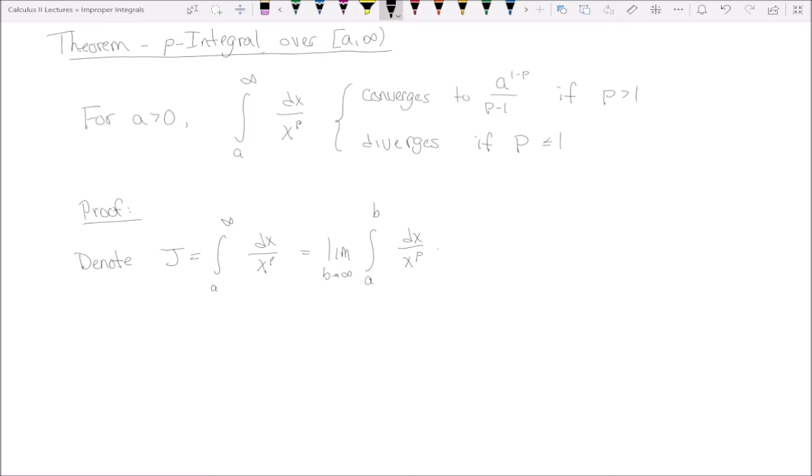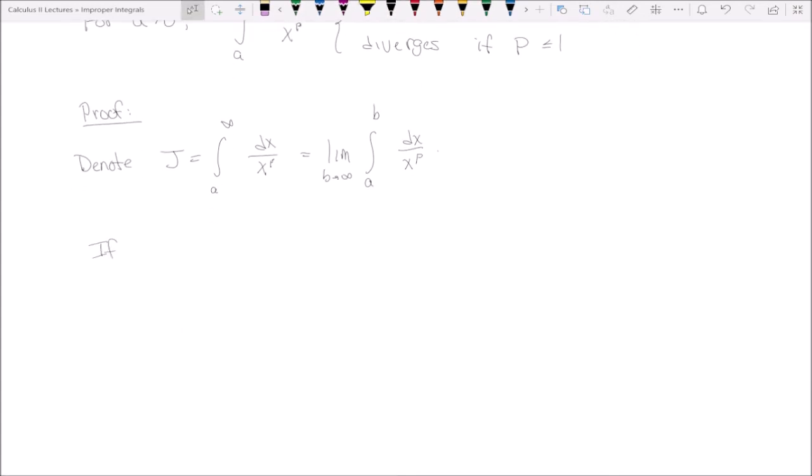Now, if p is 1, then J would be the limit as b approaches infinity of the natural log absolute value of x as x goes from a to b, which gives us the limit as b approaches infinity of log of b minus log absolute value of a.